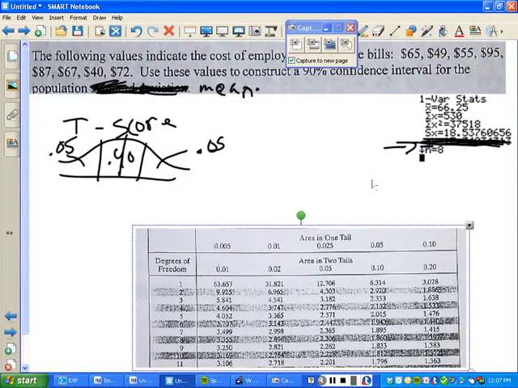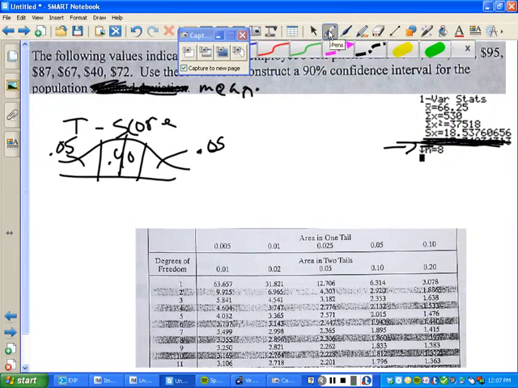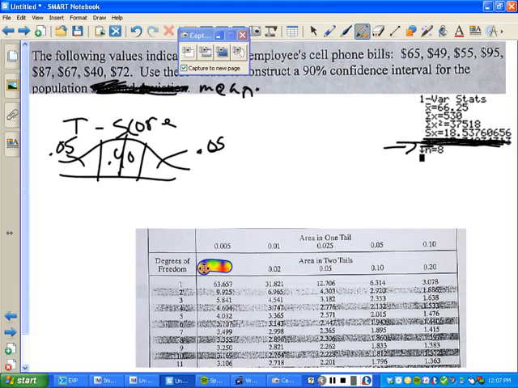Now remember, when I go to my chart, this area is 0.05. Remember what I told you, we're not going to look at what? We're not looking at the area in two tails, so we're not even dealing with this. Right? Okay?